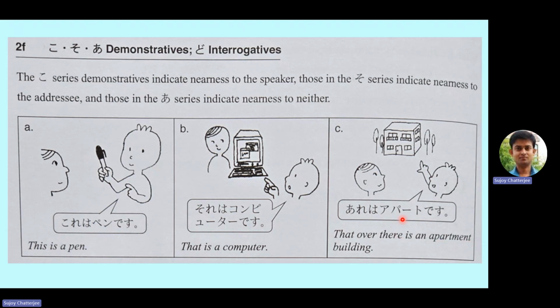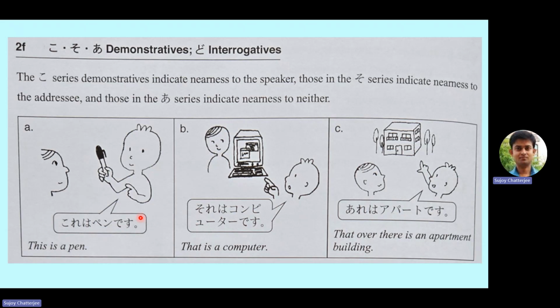So we will be doing katakana syllabary later in this video. So are wa apato desu means that over there is an apartment building. So kore means this, sore means that, and are means that over there. That means it is at a distance. It is neither near the speaker nor near the listener.